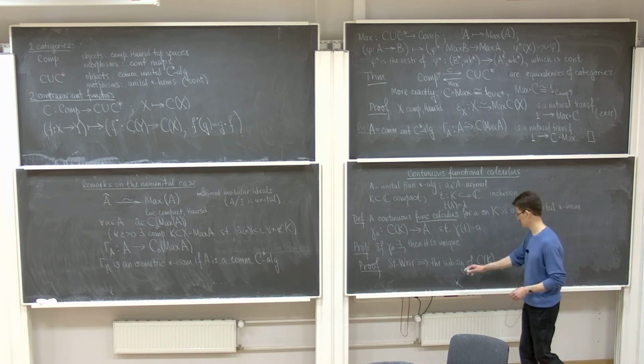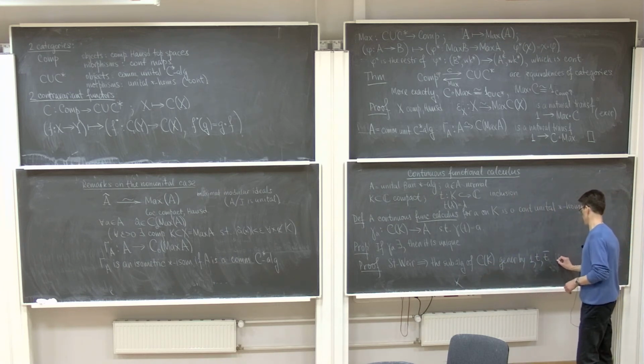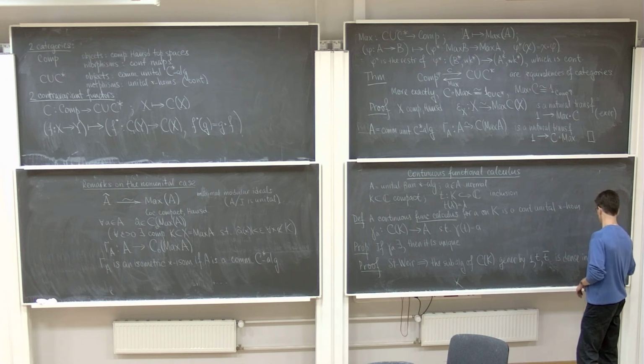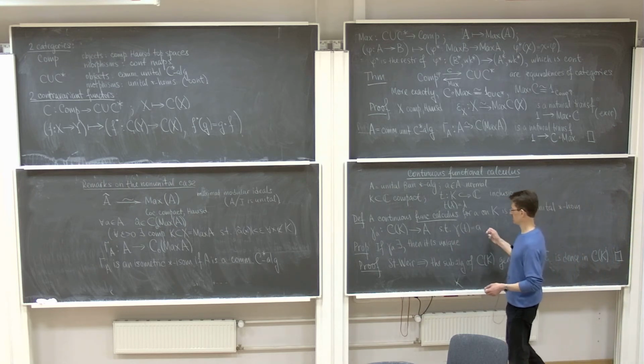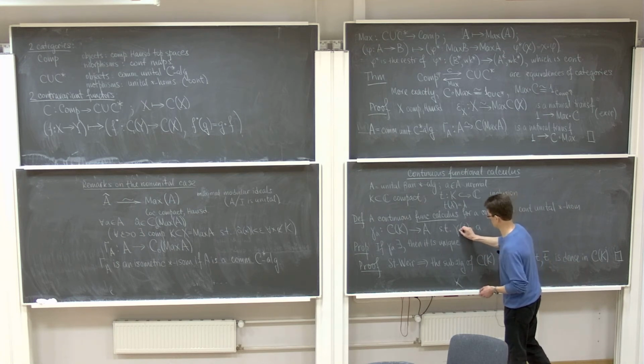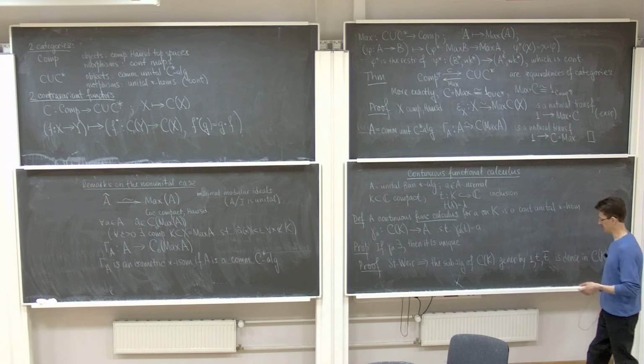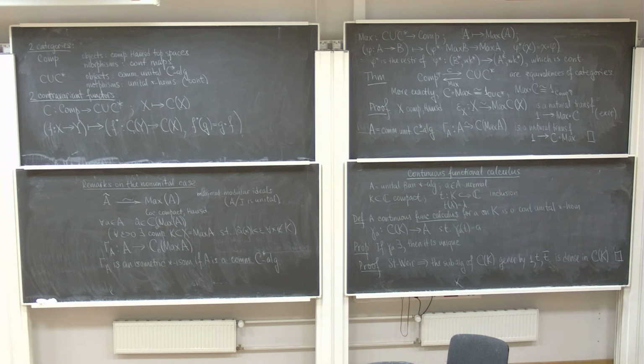So it is dense in C(K). It's a star subalgebra which contains the identity, and clearly it separates the points. So it is dense, and this condition shows that gamma is uniquely determined on this subalgebra. So if it can be extended to C(K) by continuity, then this extension is unique.